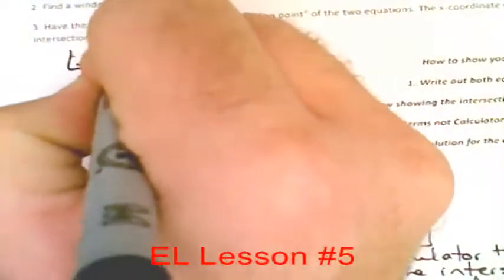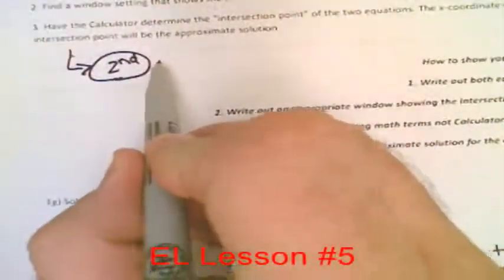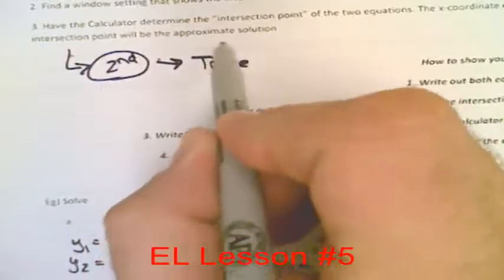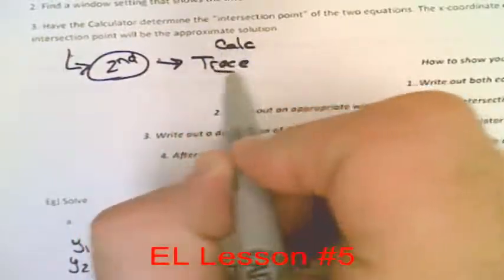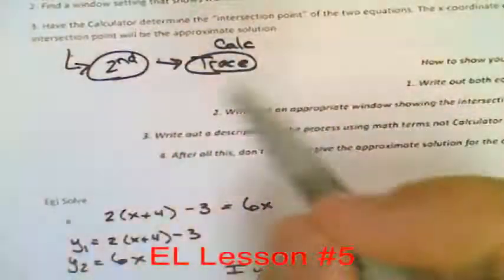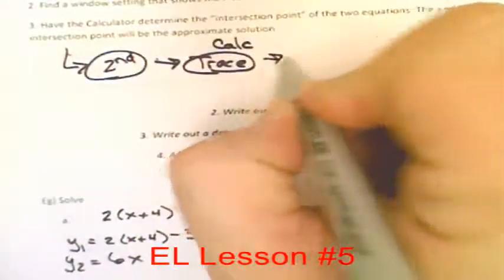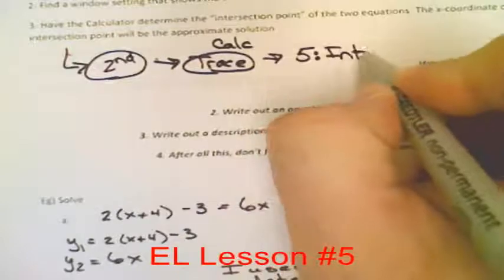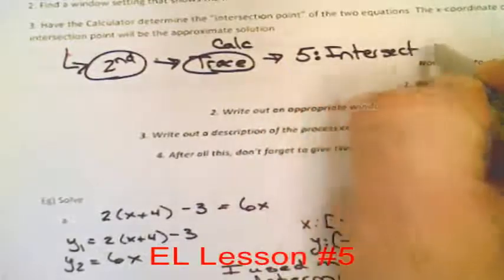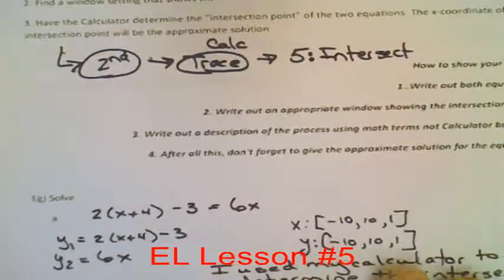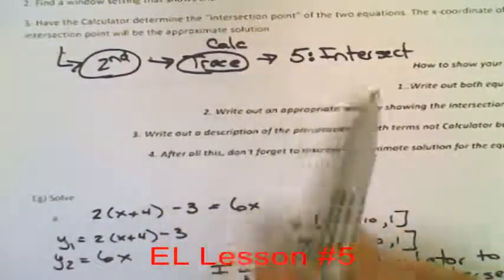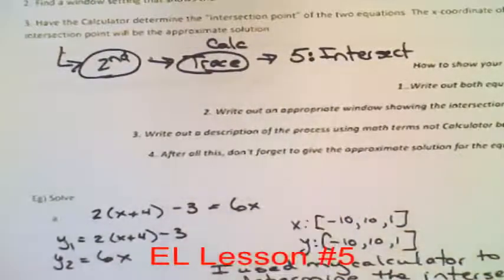Now, when you're finding the intersection point, putting a little bit of notes back up over here, I'm just going to put it here. What do you do? You push the second button. Then you push the trace calc button, which is up at the top, and then from there you choose option 5 for intersect.